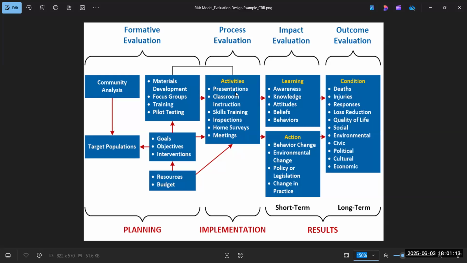When we think about this notion of outcome evaluation, we know that every public health program has goals or outcomes that it aims to achieve. An outcome evaluation determines if the program's goals were met. A positive outcome evaluation can be used to justify expanding the program in the future.